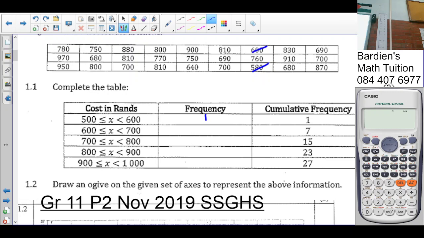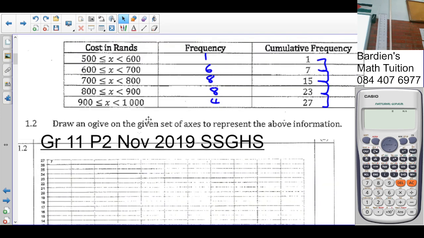So it's 6: 1, 2, 3, 4, 5, 6. Is that correct? Yes. Okay. And then 8. Then 10. 8. Another 8. Then 4. Or we could have said that minus that, not so? We have done that as well, and we would have gotten the frequency. Okay.